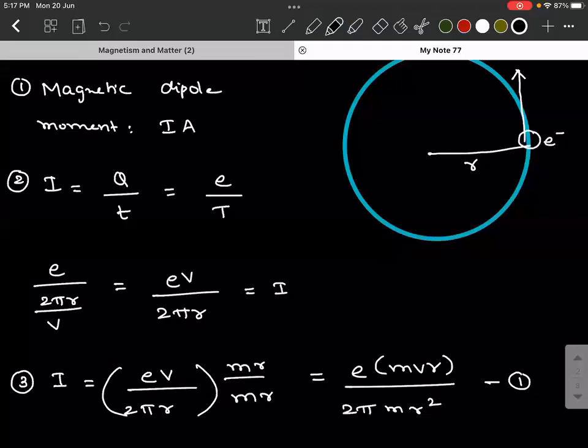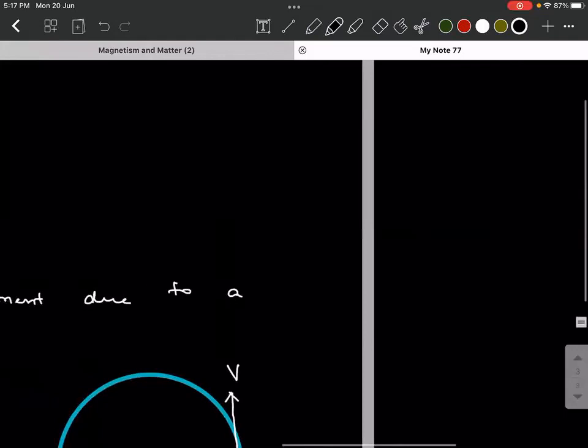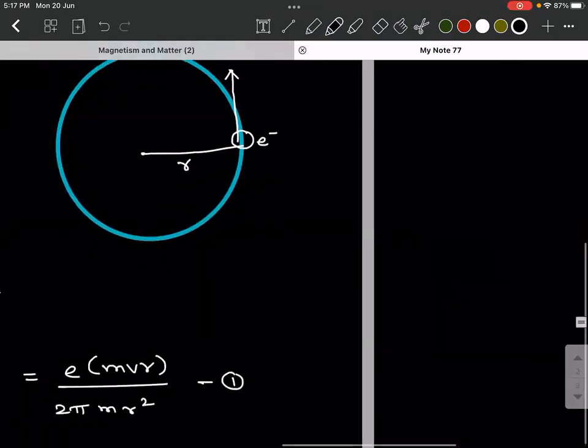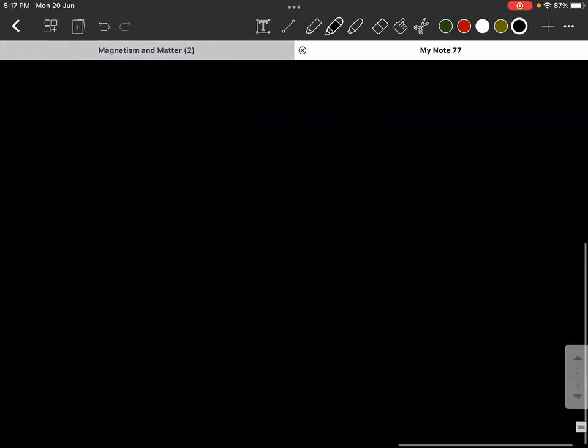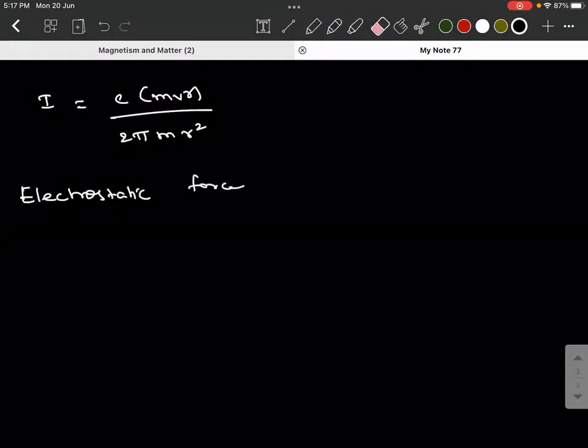Having said this, I have I is equal to E into MVR divided by 2 pi M R square. But I can also say that the electrostatic force existing. I'm sorry, this is the value of current.